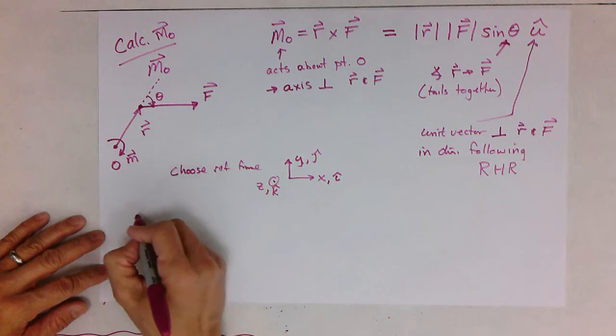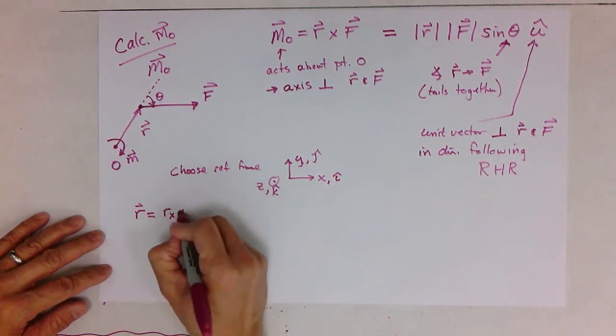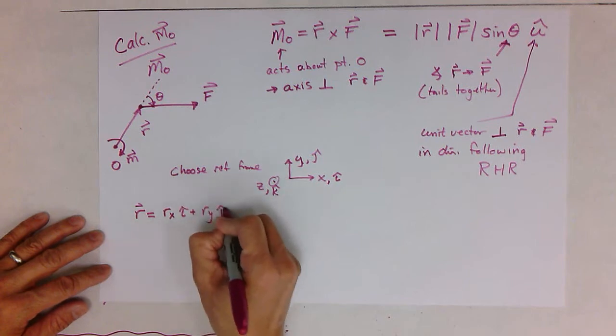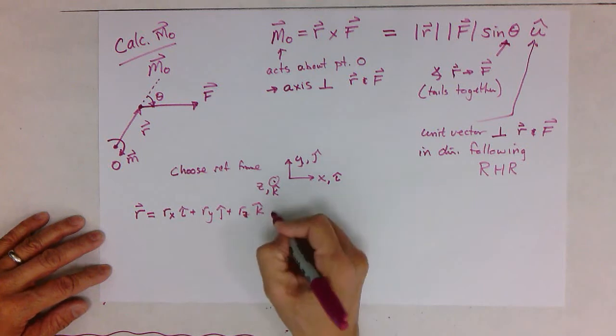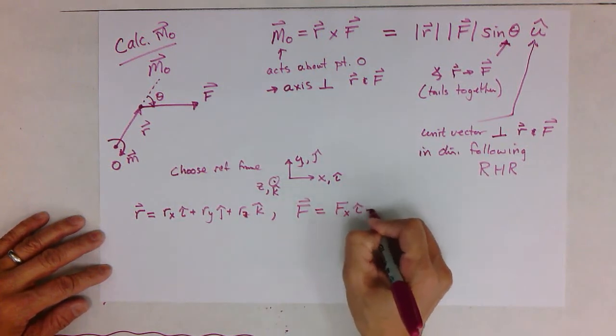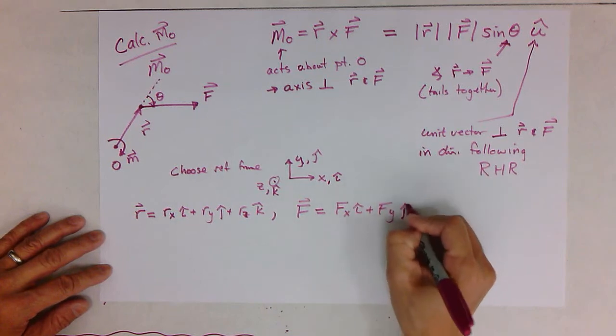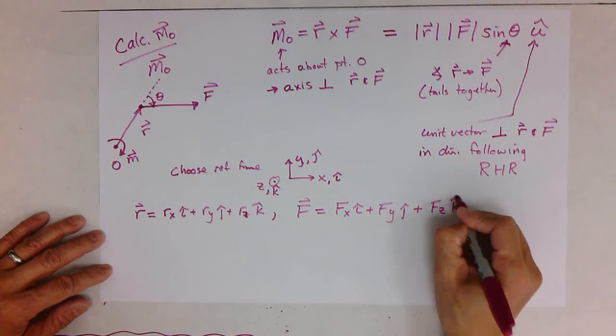With this reference frame, I can write the position vector in general having components in all three directions. Likewise, I can write the force as having components in all three directions in general. So we'll have an i component, a j component, and a k component.